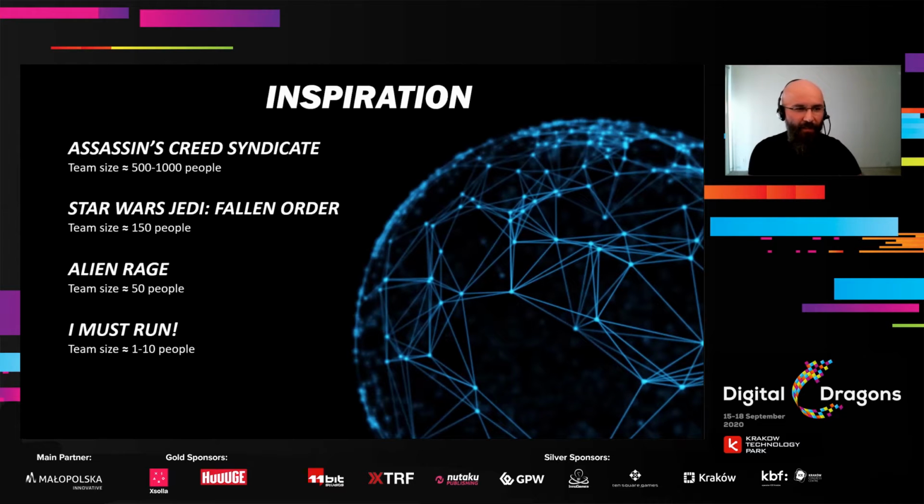I'd like to highlight 4 very different games I had the pleasure to work on in my life: Assassin's Creed Syndicate, the open world action adventure Star Wars Jedi Fallen Order, the first-person shooter Alien Rage, and a mobile title, I Must Run. These games are very different in terms of gameplay, team size, and programming tools.